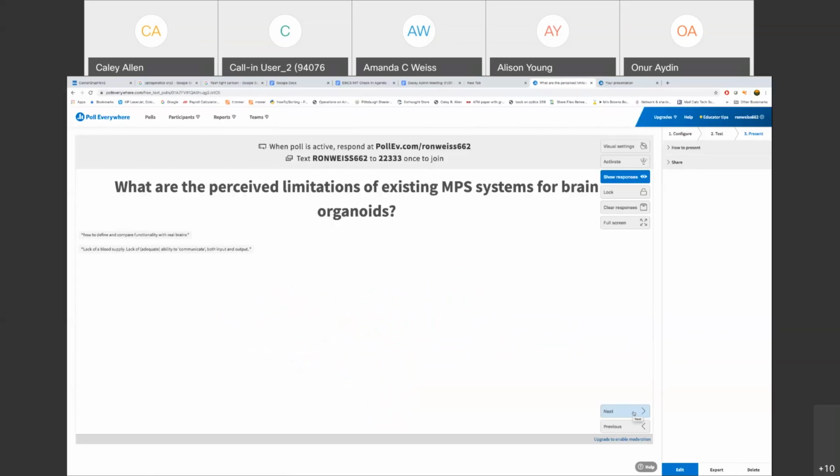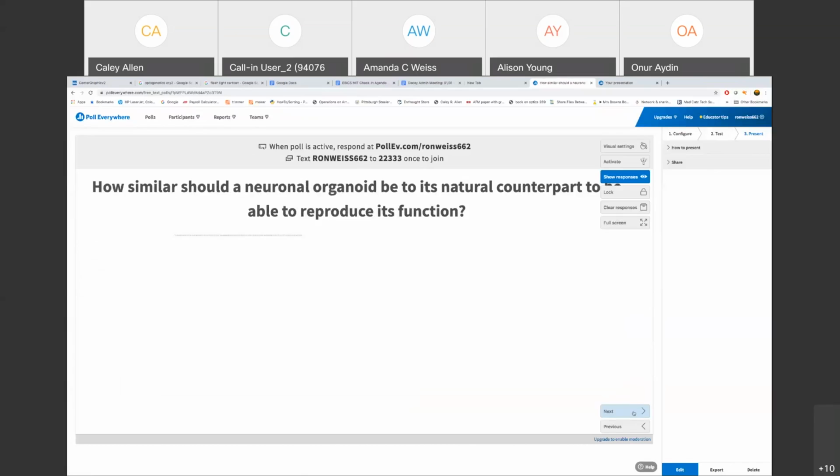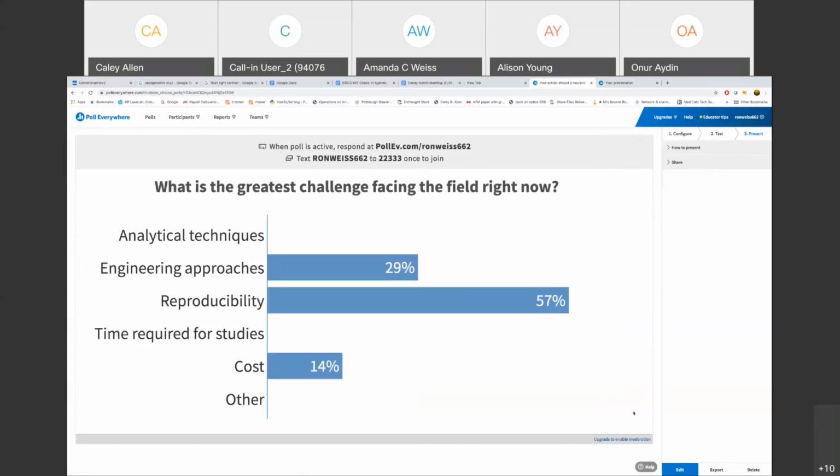The answers were everything from lack of blood supply, how do we define and compare functionality, reproducibility, scalability. There seemed to be a theme with these answers. And then likewise, we asked all of you, what's the greatest challenge facing the field right now? And almost 60% of the respondents chose reproducibility.